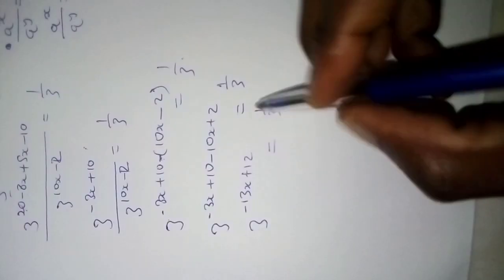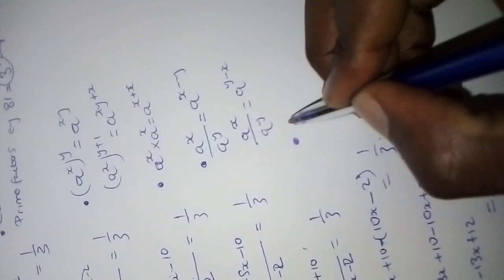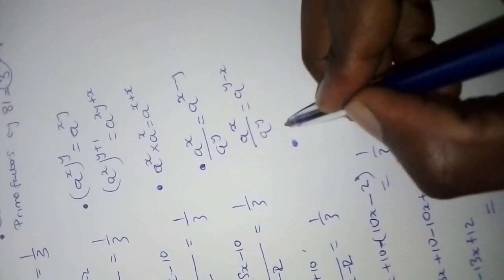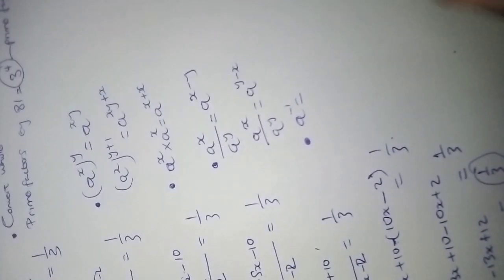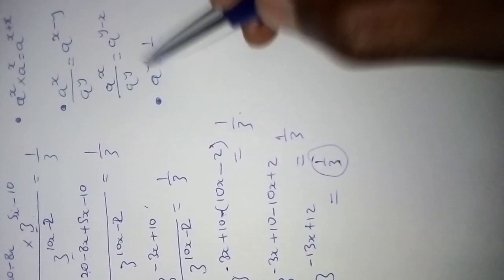Now from here you can change this, right, by applying this law that says that if you have a base raised to a negative power, you can change it to a positive by writing it as a fraction. So we can write it like this, right? So now this means that we are taking this, which is in this form, back to this.